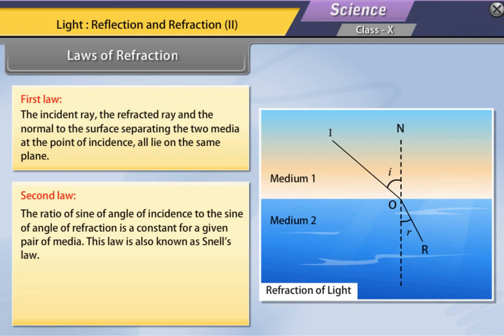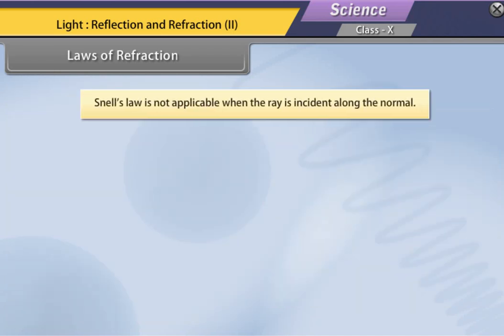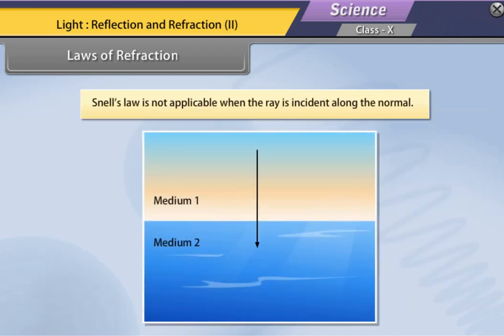This law is also known as Snell's law. sin i / sin r = mu, where mu is a constant called the refractive index. Snell's law is not applicable when the ray is incident along the normal.